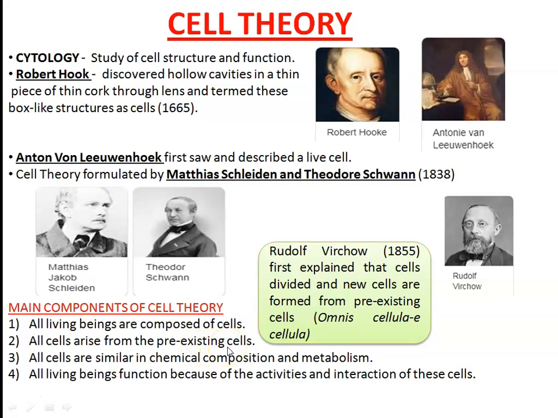All these cells are similar in their chemical composition and their metabolism. And whatever interactions and metabolic activities happen within a cell are because of the different organelles present within the cell. And therefore, this is how the cell theory came up.